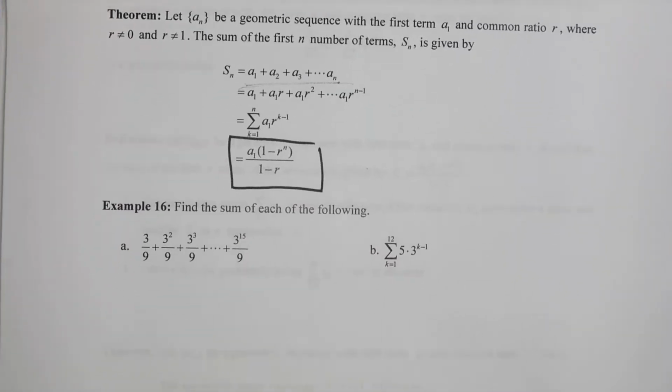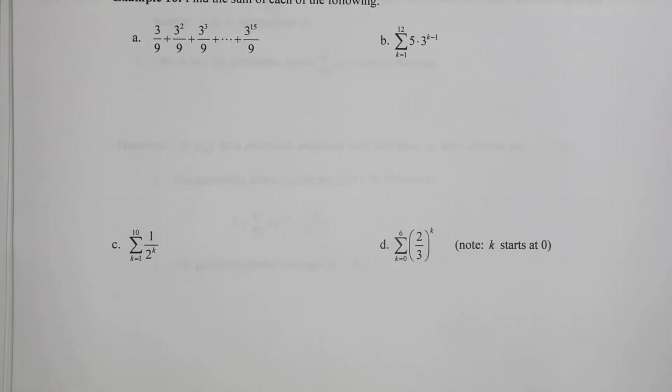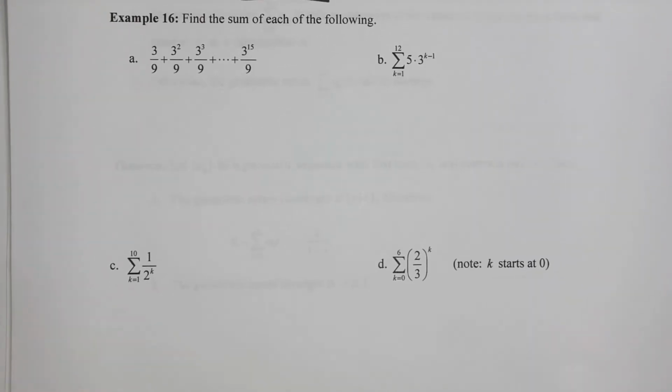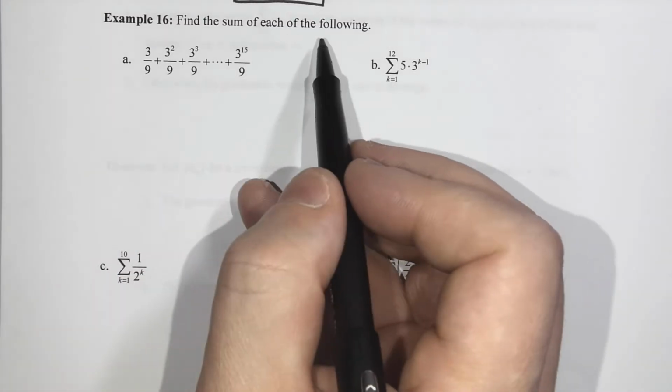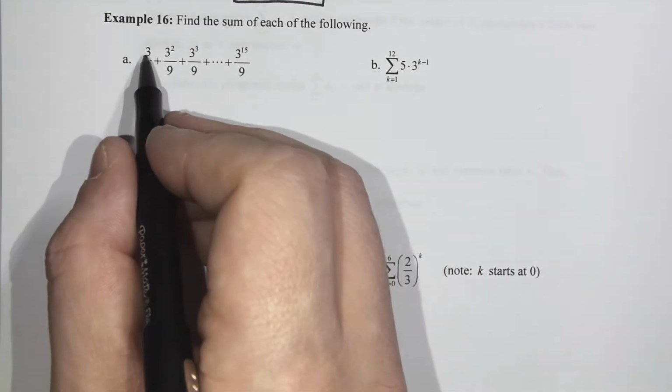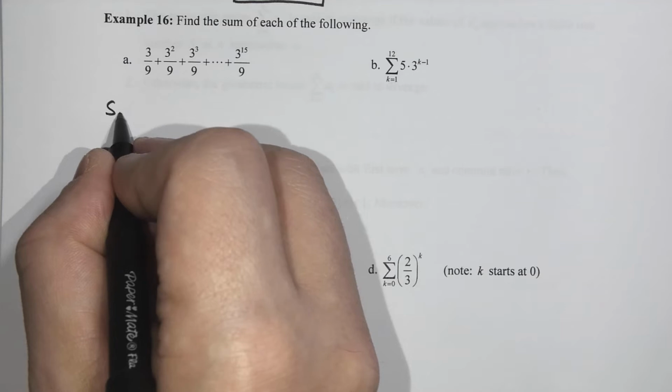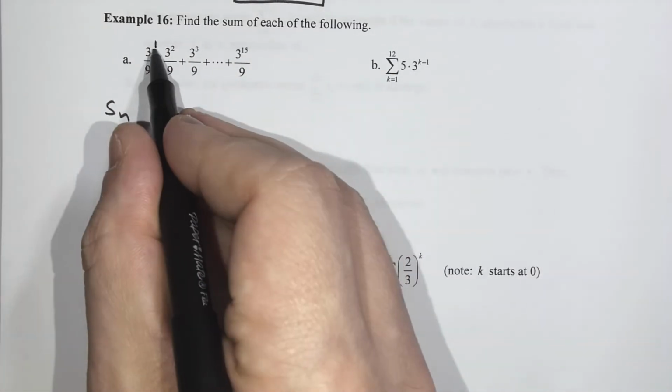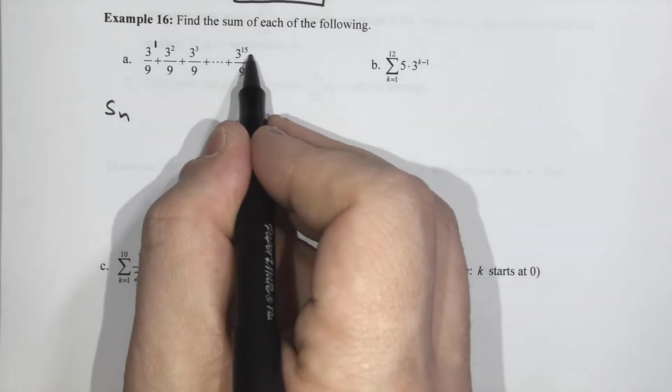So that means if we wanted to apply that to particular problems like down here, it says find the sum of each of the following. So here we can see that the first term, so we want to add up the first, how many terms? 1, 2, 3, up to 15.